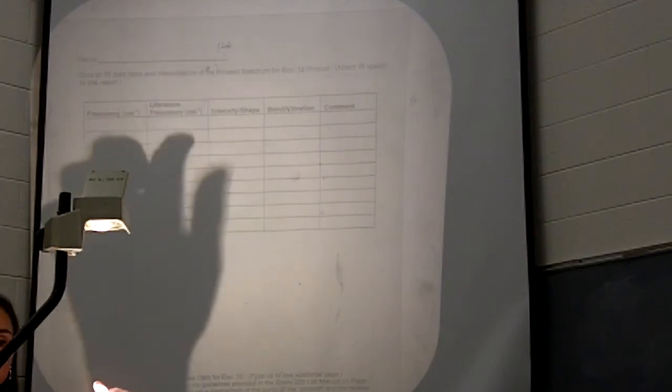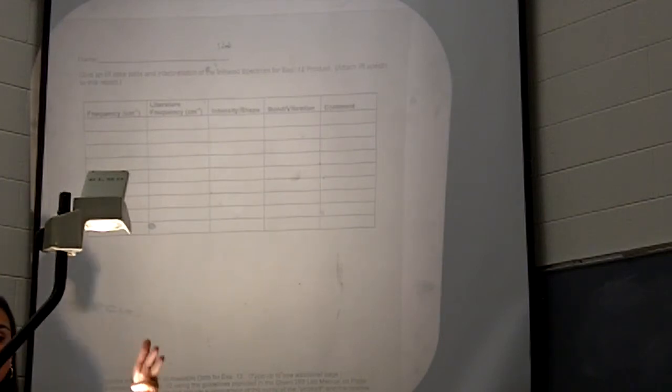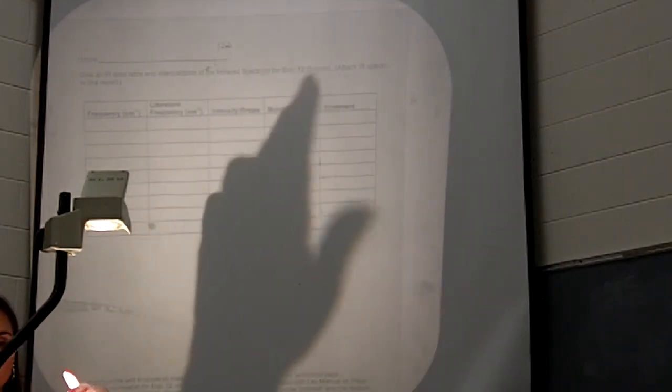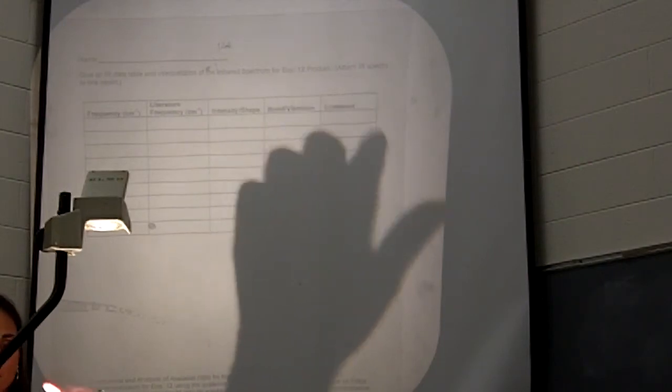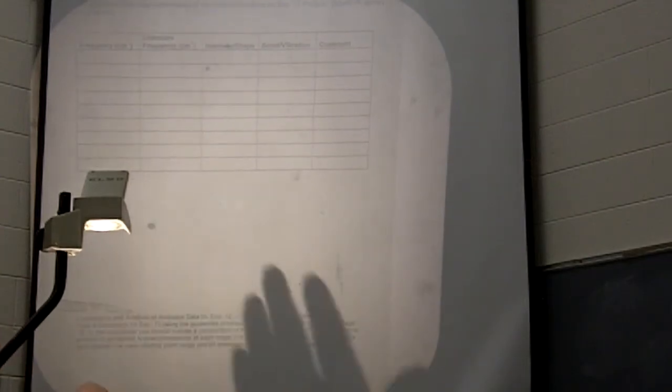You'll have your experimental frequency. With this table, you may want to break it up into columns because you've got cyclopentadiene, N-phenylmaleimide, and your experiment 12 product standards to compare it to. So you have 3 literature frequencies to compare to, then intensity and shape, bond, vibration, and any comments. Then if you need to discuss your IR spectrum in comparison to those spectra, do so.